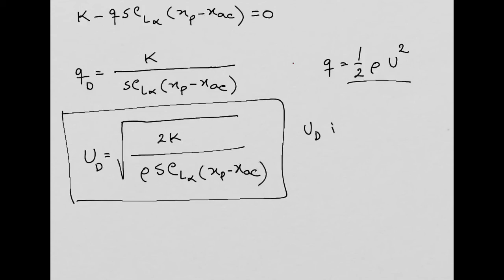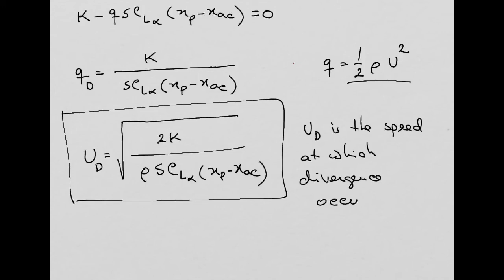And you can say that this UD is the speed at which divergence occurs. So what we usually desire is to have this divergence speed as high as possible, right?